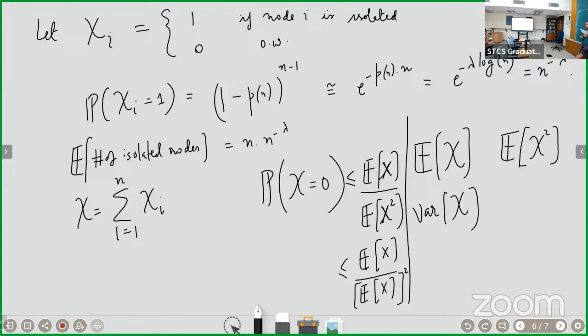So P chi equal to 0 equal to 0 is not useful, right? So suppose I wanted to show that the probability of connectivity is going to 0. What do I want to show, in terms of isolated nodes? Remember, the expected number of isolated nodes is going to infinity, then this should be normal.